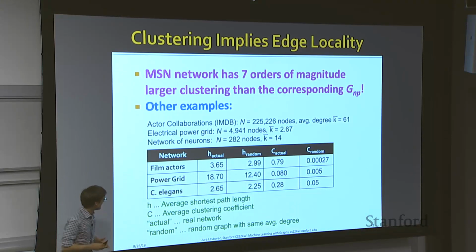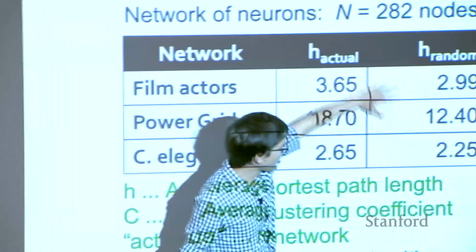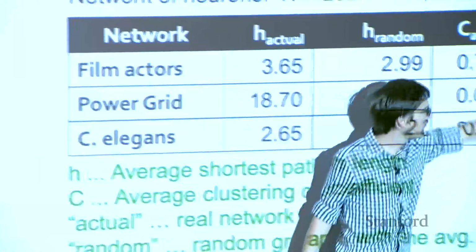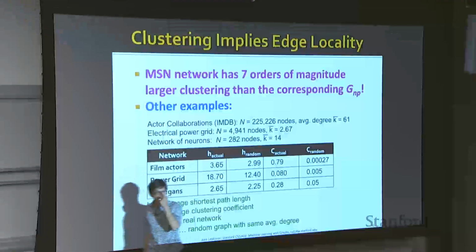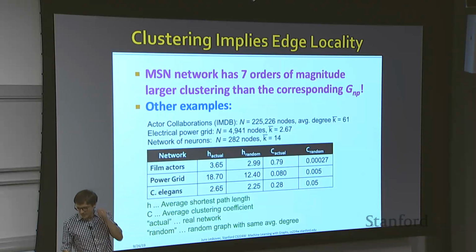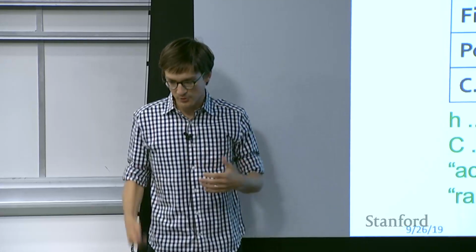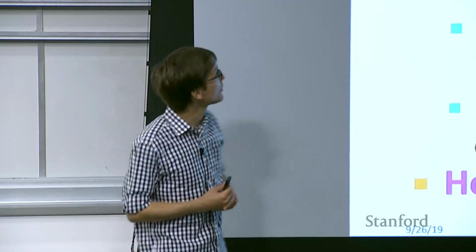So the point is that while random graphs have about the same shortest path lengths as real networks, they have far lower clustering. And the question is, why is that? Can we get the two to match? So here's, in some sense, the controversy.